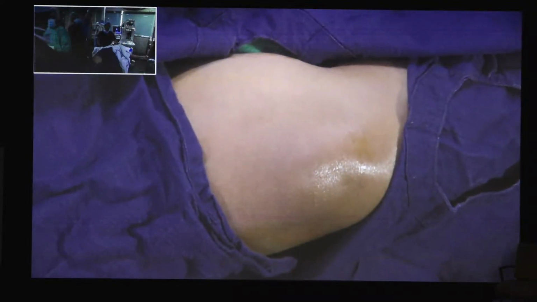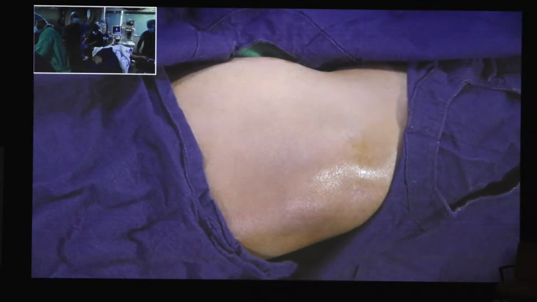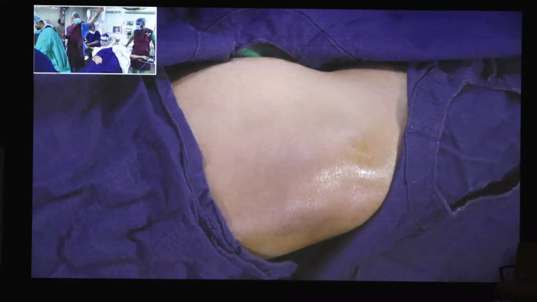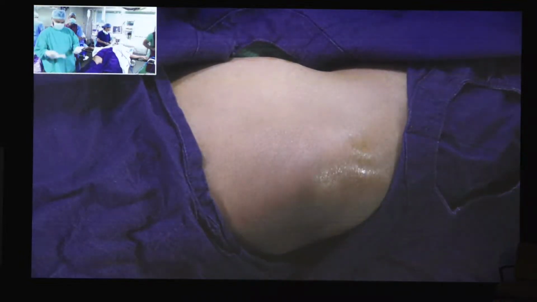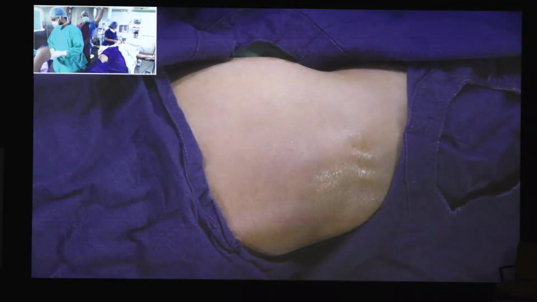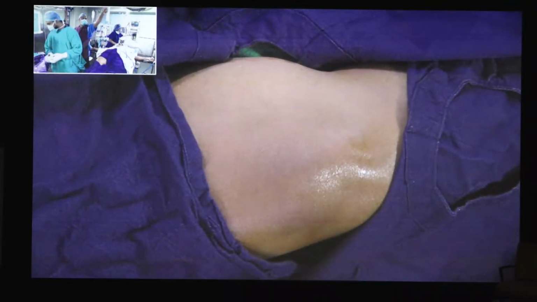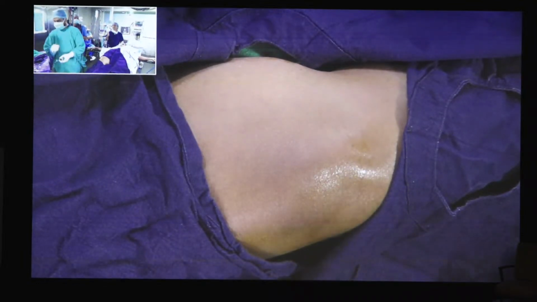Do you have a spinal needle, 25 gauge or 26 gauge? Which one? They have to do it soon. For giving local.